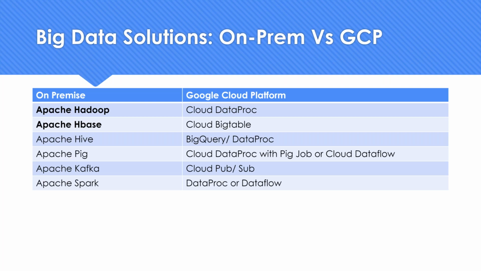The latest version of Hadoop is 3.x if I'm not wrong. It is supported by Google as a managed service, similar to MySQL and Postgres, where you get a managed version in Cloud SQL for MySQL and Cloud SQL for Postgres. Something very similar you get in GCP called Cloud Dataproc.